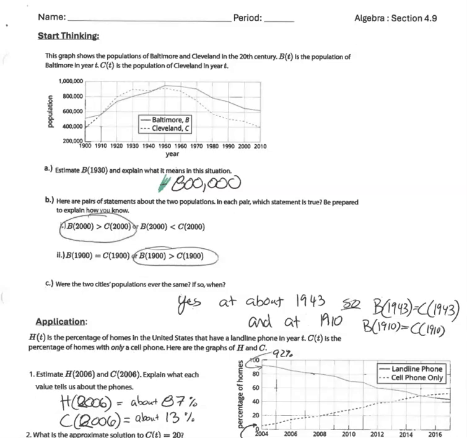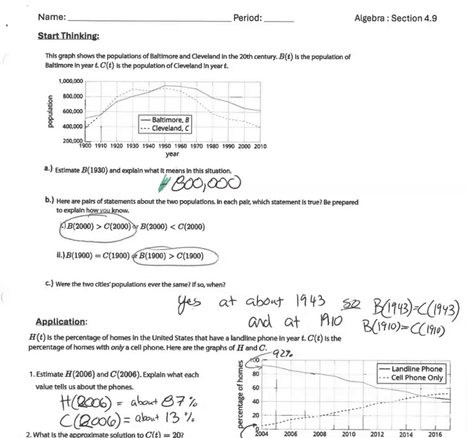The next one, we are trying to figure out which one of these statements is correct. The first one is saying that in the year 2000 the population of Baltimore is going to be over Cleveland, and the other one says the population in 2000 of Baltimore is going to be under that of Cleveland. The correct one is, if you look at the graph for an input of 2000, Baltimore is going to have a greater output of population.